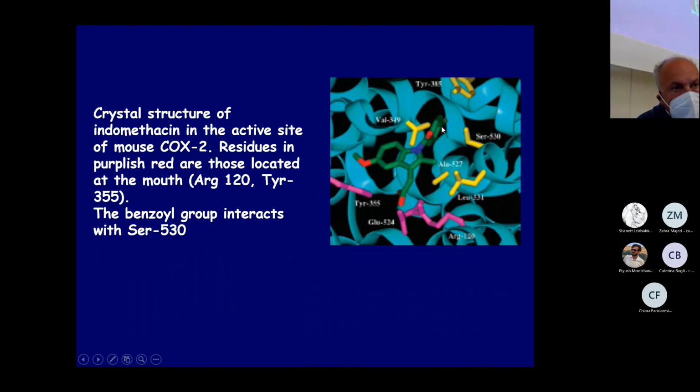Here you can see the second aromatic ring with the amidic bond. So we have the snapshot of the crystal form of indomethacin inside the enzyme.